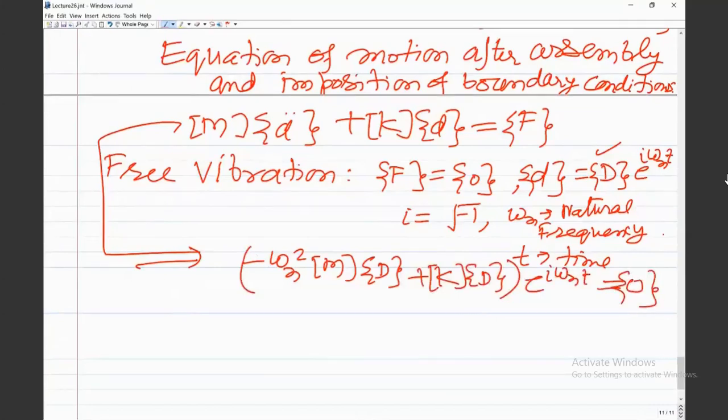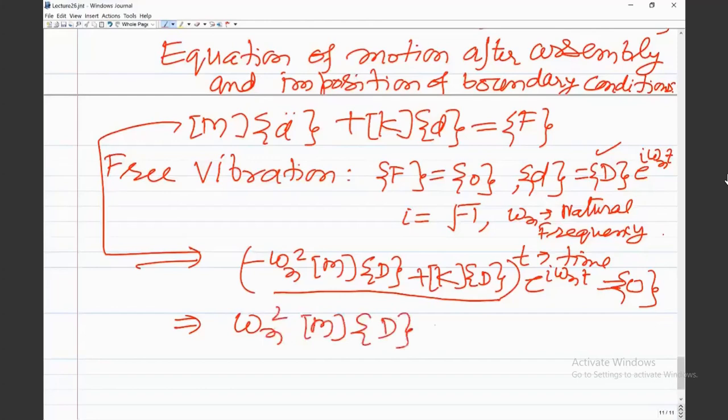Since this should be true for any value of time, this term has to be 0, so you get omega n square into m into d is equal to k into d.